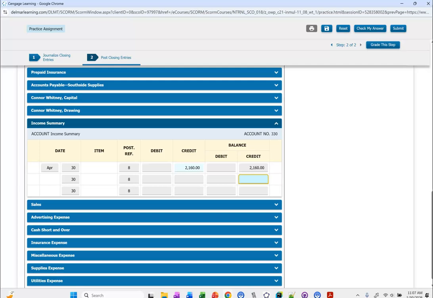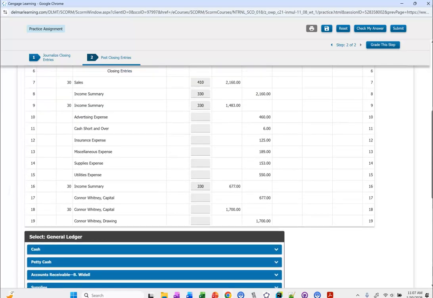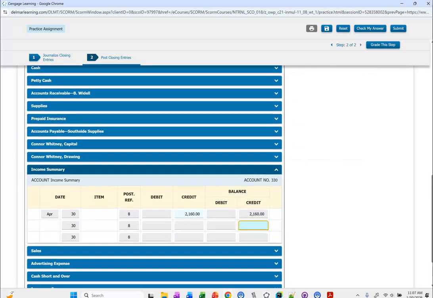The next was a debit of 1483. Now, I have credit 2160 and a debit of 1483.